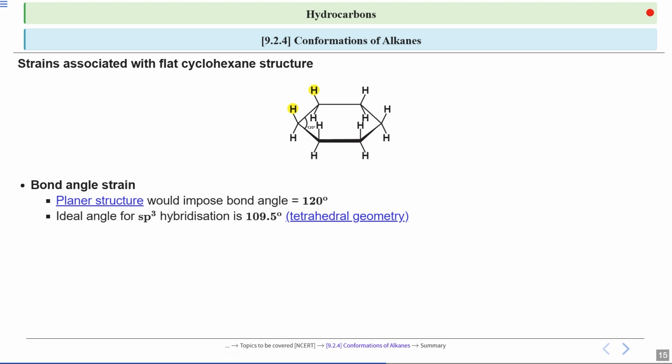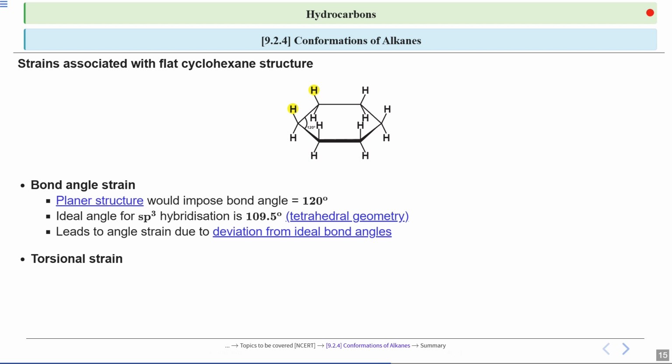Now an sp3 hybridized carbon is more inclined towards 109.5 degrees rather than 120 degrees. So this is the first kind of strain, and it is named bond angle strain, and it is coming due to the enforcement of your planar cyclohexane structure to 120 degrees rather than the ideal 109.5 degrees. Now this leads to angle strain and deviation from the ideal bond angle.